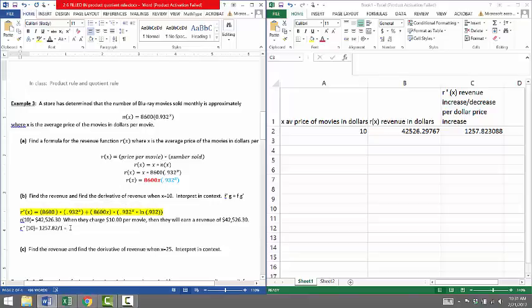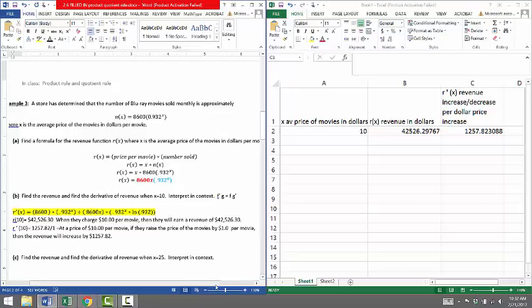So it's saying at a price of $10 per movie, if they raise the price by $1, the revenue will increase $1,257.82. Again, at a price of $10 per movie, so right at that instant, at that price, if they raise the price of the movies by $1 per movie, then the revenue will increase a total of $1,257.82.